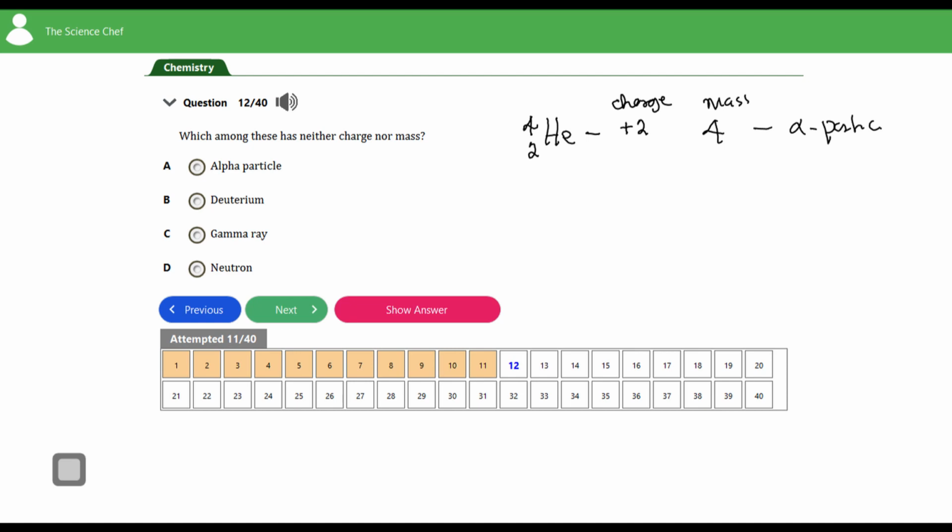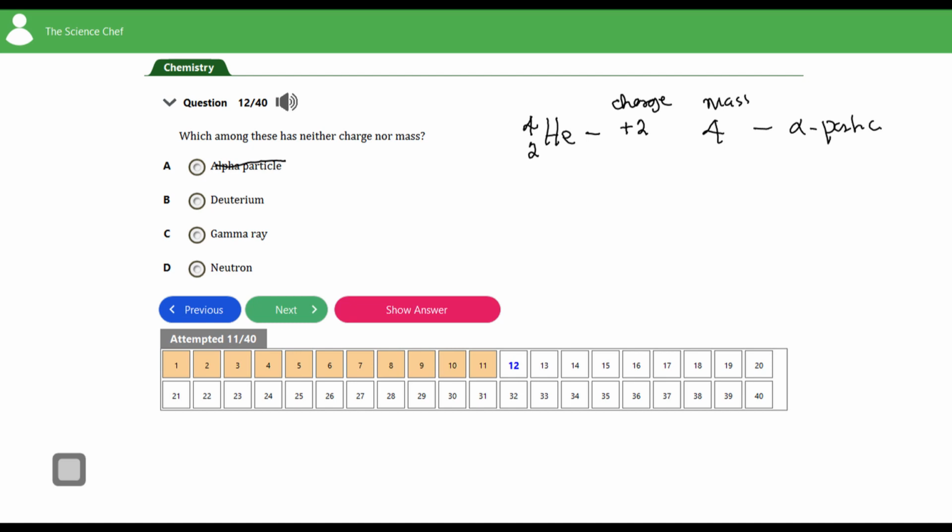The helium nucleus contains 2 protons and of course 2 neutrons. But you know that the neutrons have no charge, so that is why the alpha particle is represented as the helium nucleus. So the alpha particle has a charge and a mass, right? So it cannot be alpha particle. Let's cross it out.